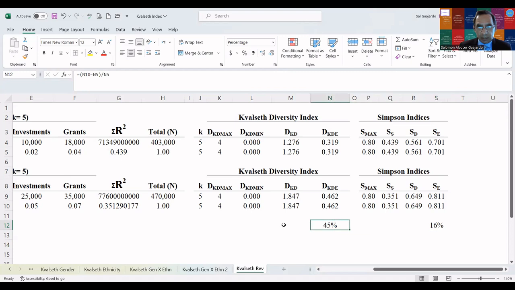Again, this indicates that the Kvalseth index appears to be more robust in detecting subtle differences in comparison to the Simpson index, which only increased by 16%. So in terms of the robustness of the indices, I would suggest using the Kvalseth index, but remember that the Kvalseth index produces standardized scores that are significantly smaller than the Simpson diversity scores.